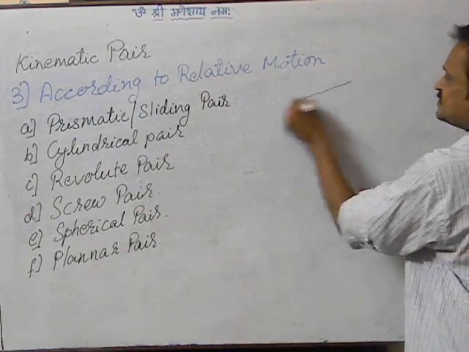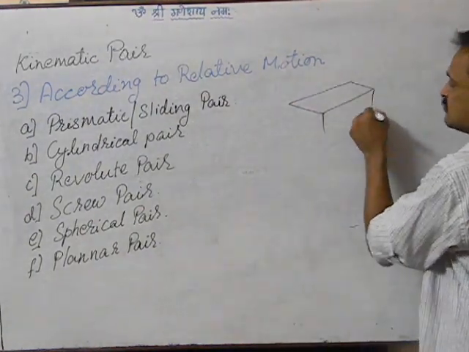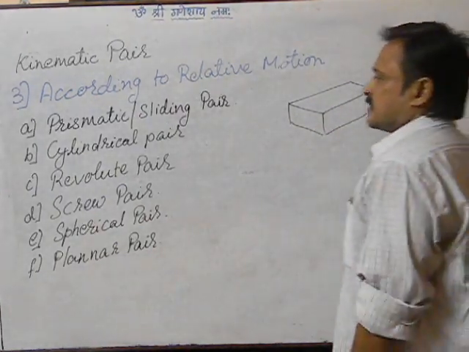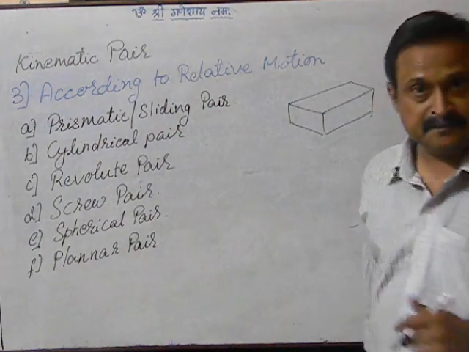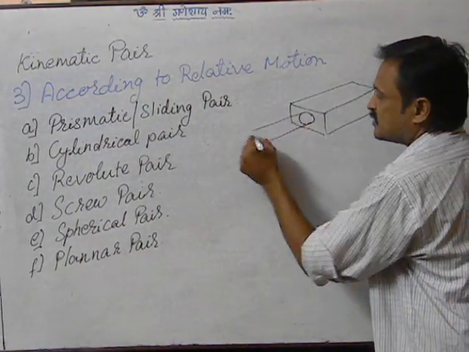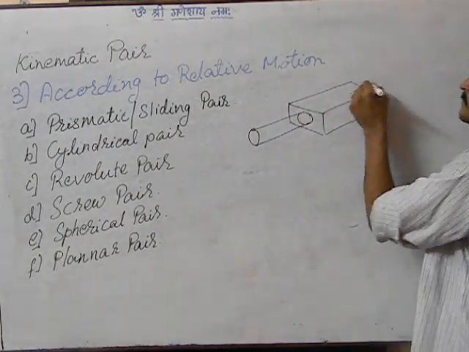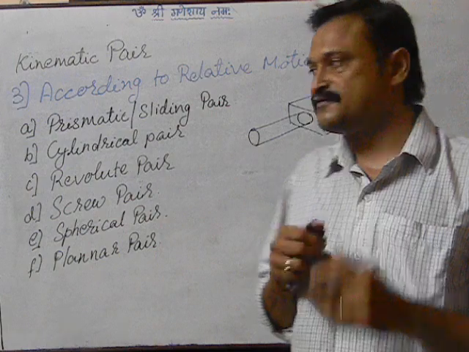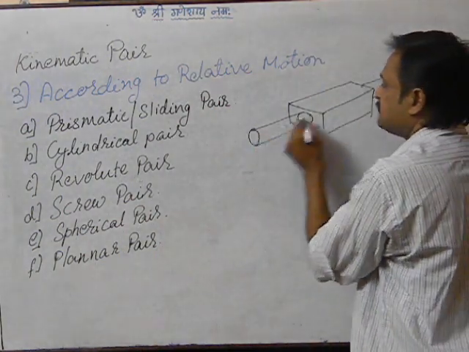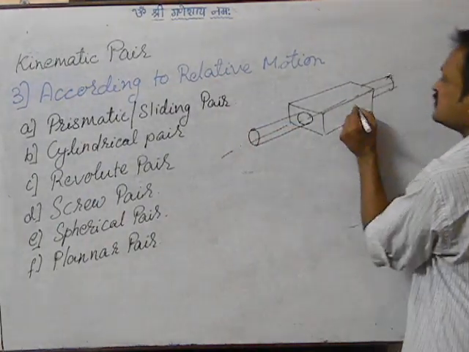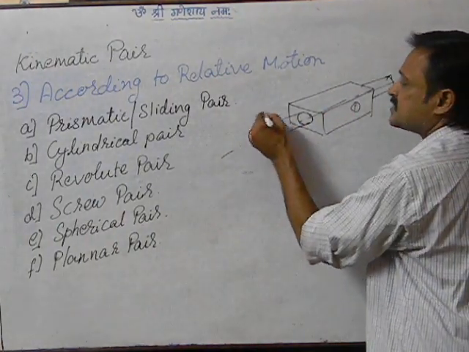Now if I modify this same example, instead of a rectangular cross section, I make this cross section a circular one and I put a circular rod inside it, right? Just like a latch of a door, if you have seen. In this arrangement, this is link number 1 and this is link number 2.